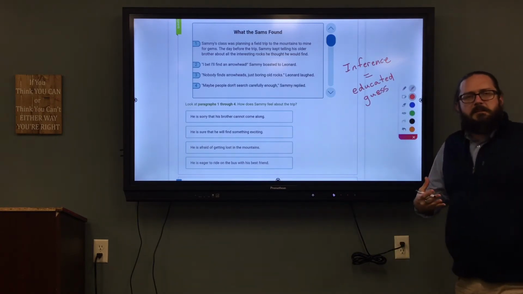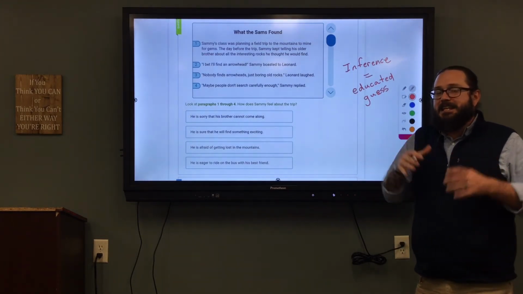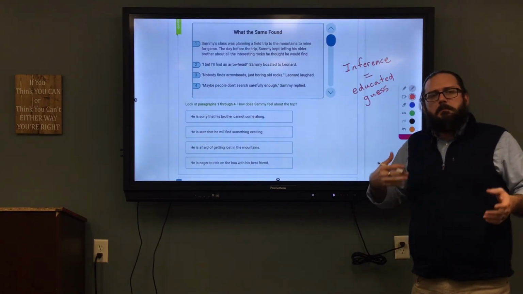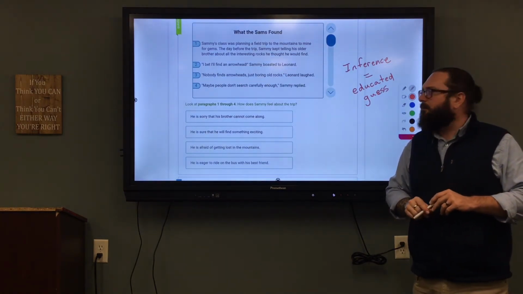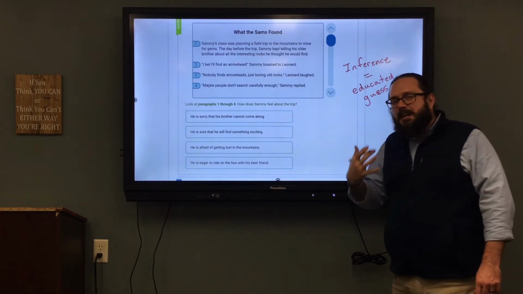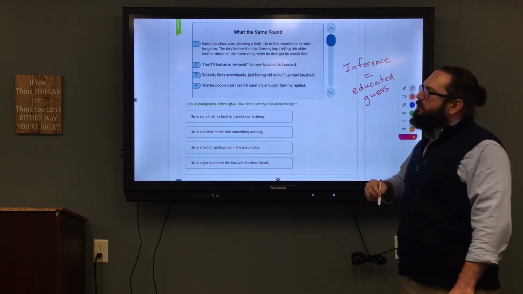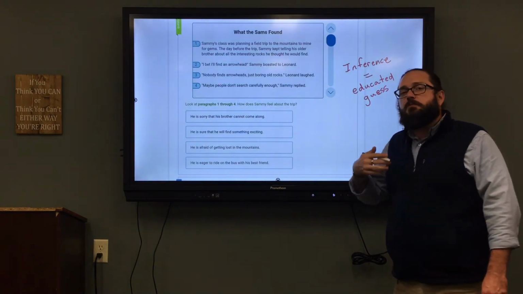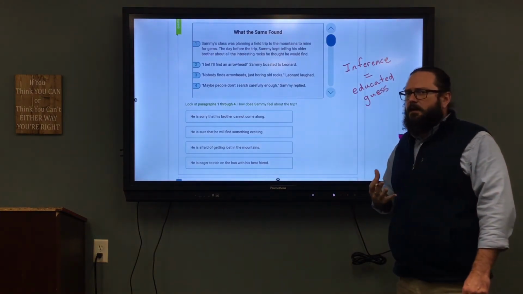So when we're asked to make an inference, we are going to make an educated guess based on details which we use as evidence to support something that isn't specifically stated by the author. So here, the author does not come out and tell us how Sammy feels about the trip, but based on the dialogue and the information presented to us in the passage, we can make a pretty good guess about how Sammy feels.